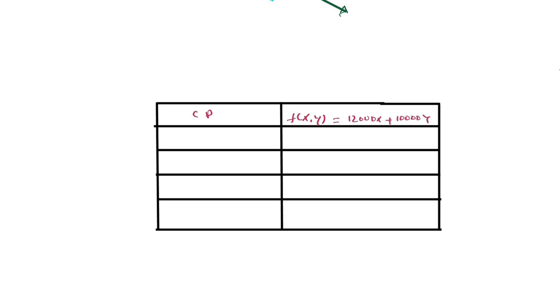So our first point is point O with (0, 0). Then the value here is going to be 0. Then our next point is A with (0, 210). Then applying these values into our objective function, the value here is going to be 2.1 million.